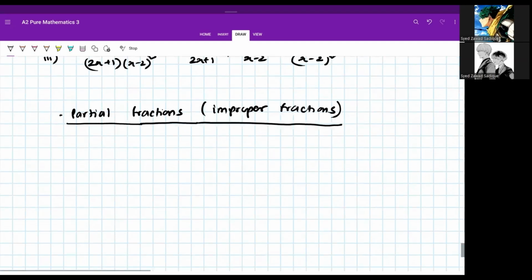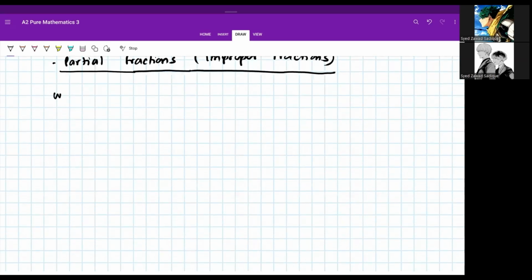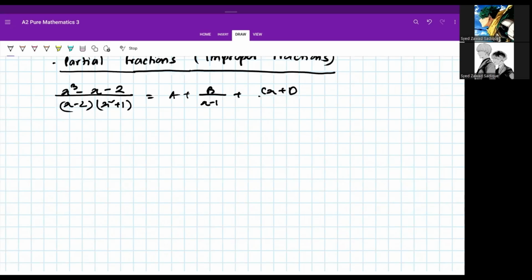When we have to answer one question, sorry, before that I'll just write down this example: (x³ − x − 2)/((x − 2)(x² + 1)) equals A plus B/(x − 2) plus (Cx + D)/(x² + 1).